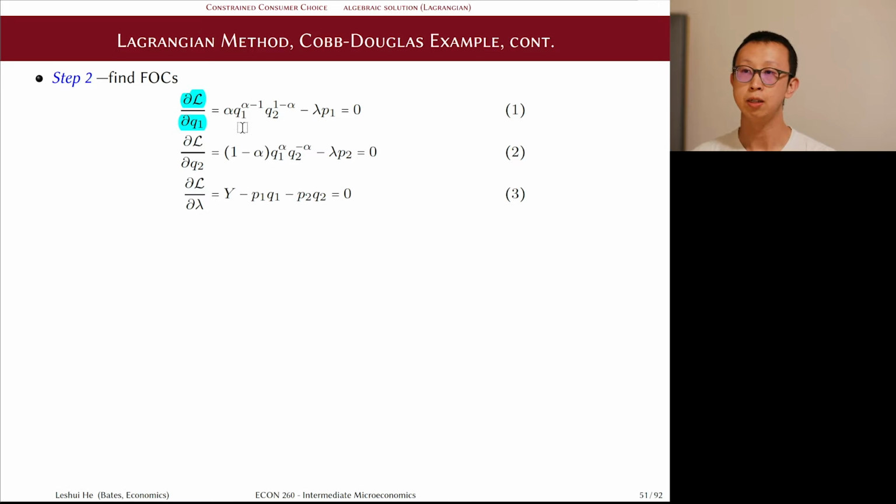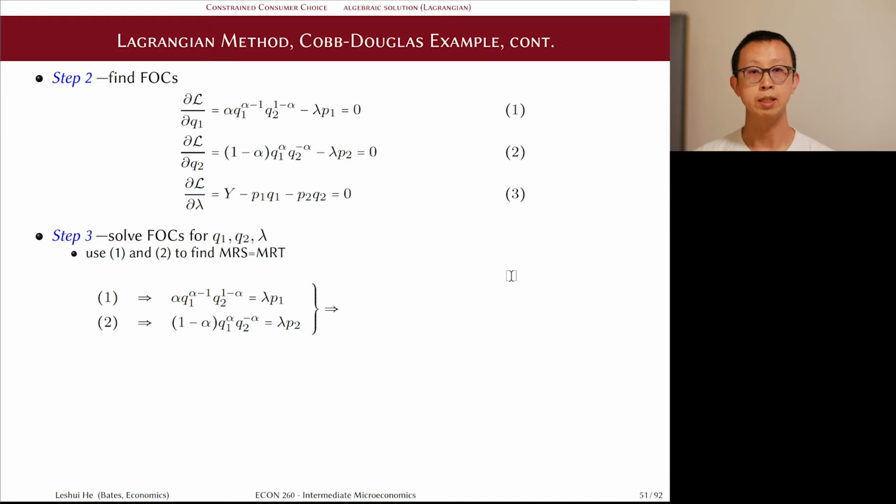Those are the alpha, the P1, the P2, and the Y. Now we can solve these three equations for the three unknowns, Q1, Q2, and lambda potentially. Now, just like what we did in a general approach, we're going to rewrite the first two first order conditions by moving the minus lambda P1 and minus lambda P2 parts to the right hand side of the first order conditions.